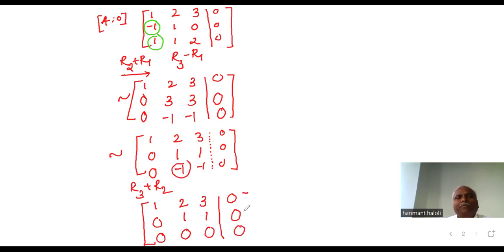Now this shows that the rank of matrix A is equal to 2, which is less than the number of unknowns. The lambdas are 3. Therefore we get infinite solutions for the system.